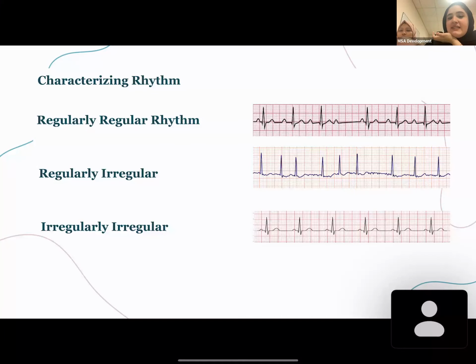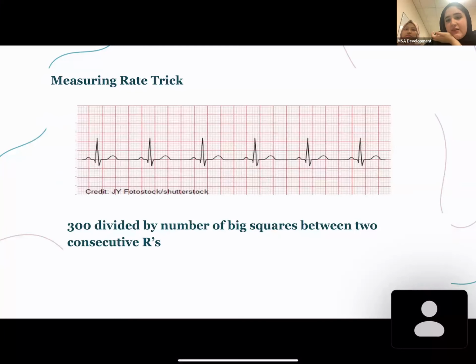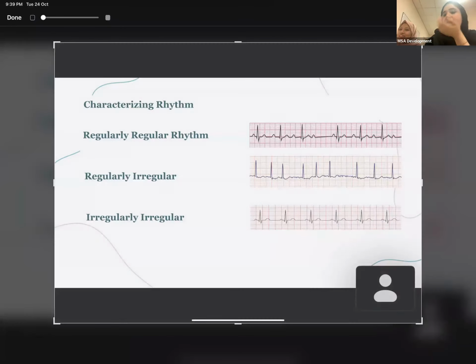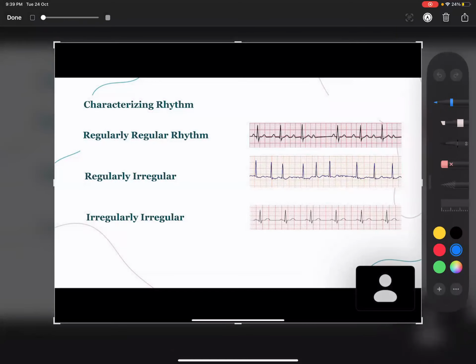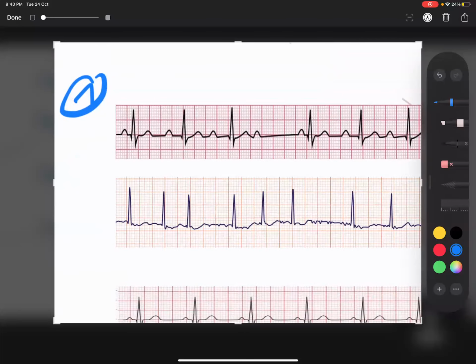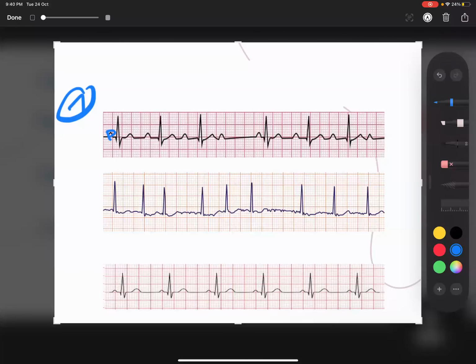So let's try to match these together. Someone already said it, but okay. First one, what do you think this is? Let's look at the QRS. We can identify a P, a QRS, and this is 1, this is 2, this is 3, this is 4, 5, 6.